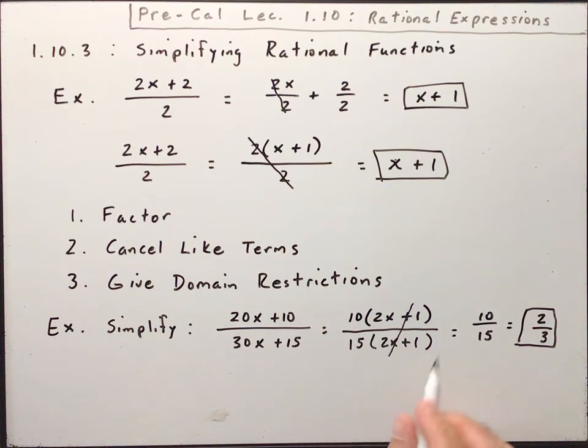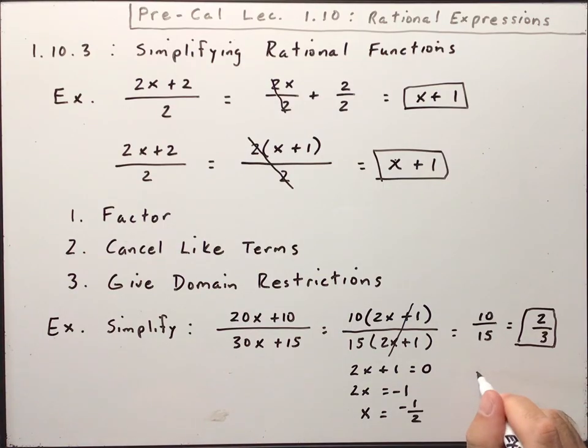So we have to have a domain restriction. Set this parenthesis 2x plus 1 equal to 0. So 2x would be -1, so x would be -1/2. That's what would make the denominator 0. So our domain restriction is x cannot be -1/2.